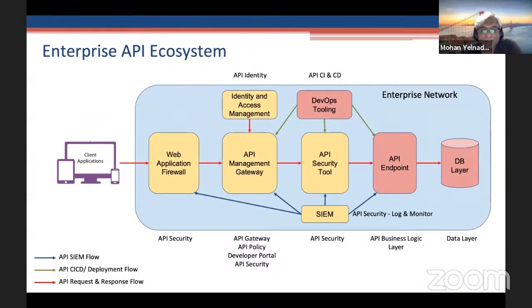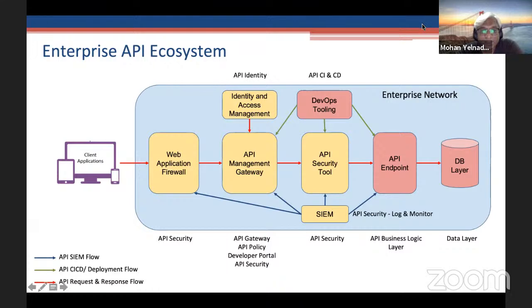So after that validation at the API management level, the traffic goes to the API security tool. And here, a deeper analysis, especially focused on API security, is done. If everything is okay, the traffic then gets forwarded to the API endpoint, and if there is any database requirement, the API endpoint interacts with the DB and gives the response back.